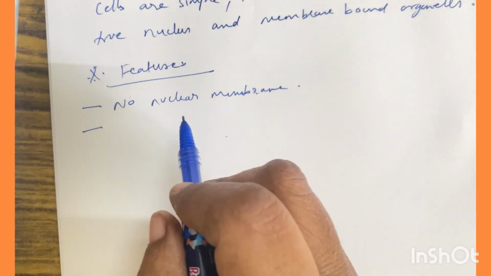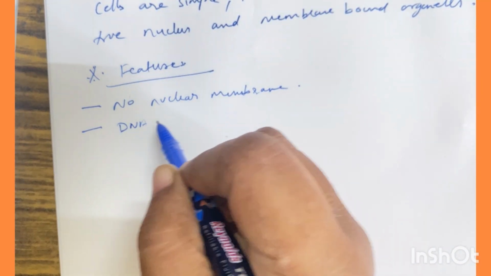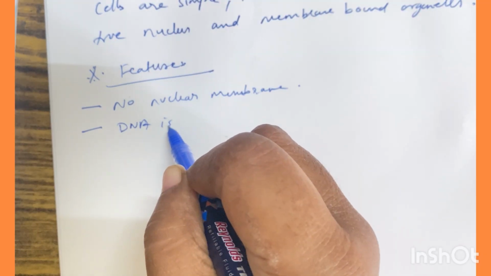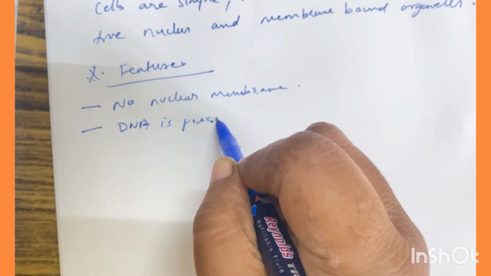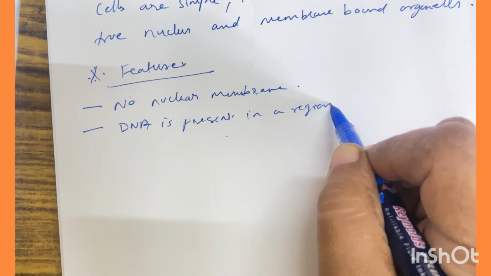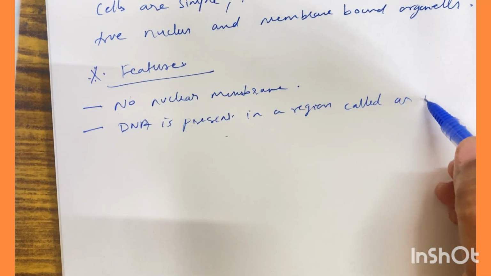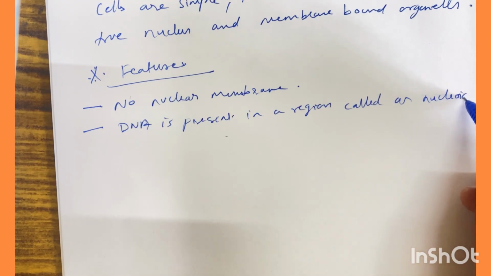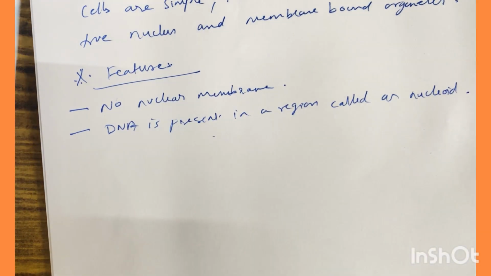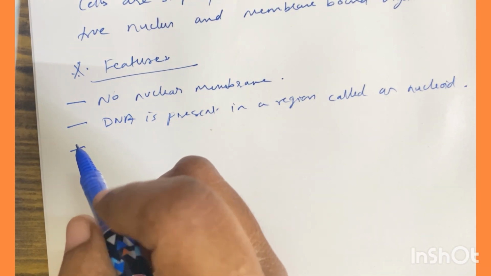Okay, and the DNA is present. It's not that the DNA is not present. DNA is present in a region called as nucleoid. Okay, so we don't call it as nucleus, here we call it as nucleoid, right?